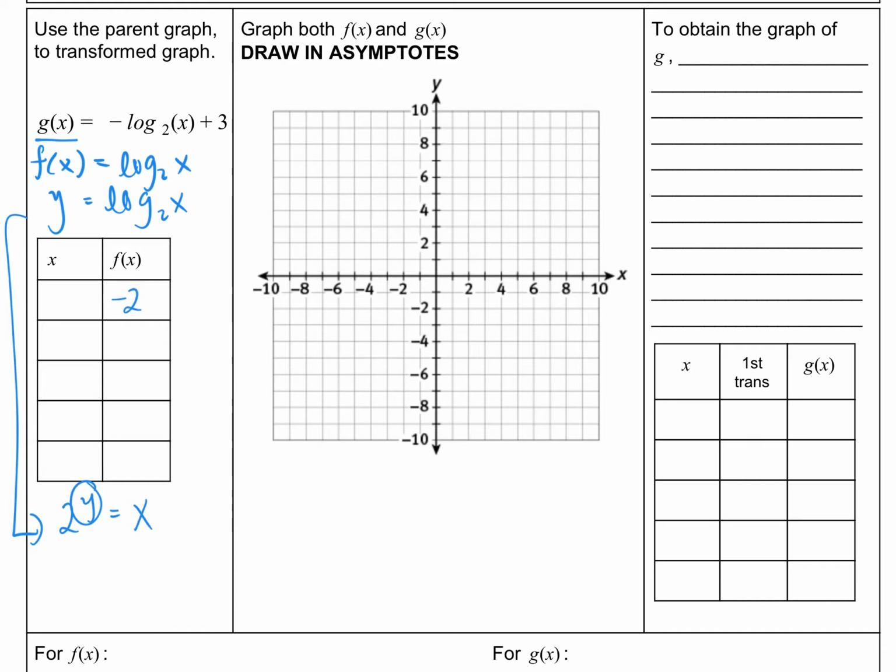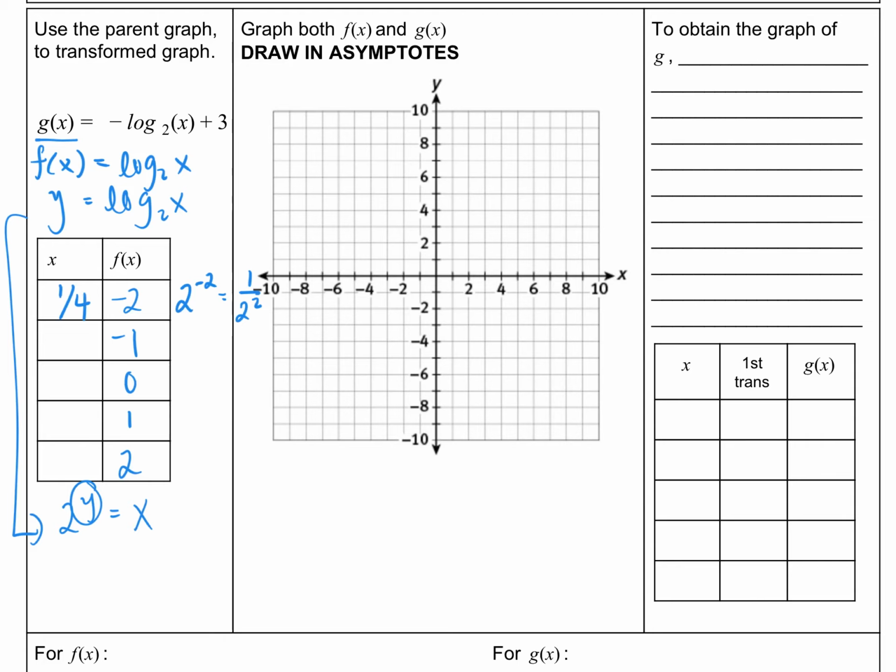So here I'm going to put our usual -2 up until +2. So if I'm plugging it into 2 to the y, then there are also some other rules I need to remember. I need to remember some exponent rules. So if I have a negative exponent, then I'm going to flip it to make it positive. So it's 1 over 2 squared, which is 1 over 4.